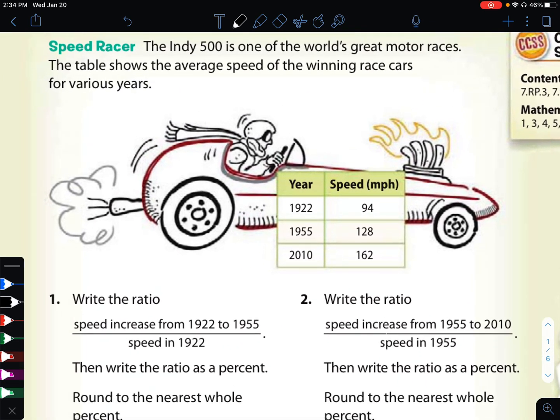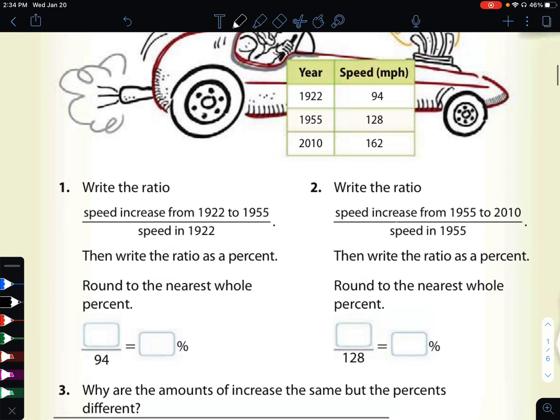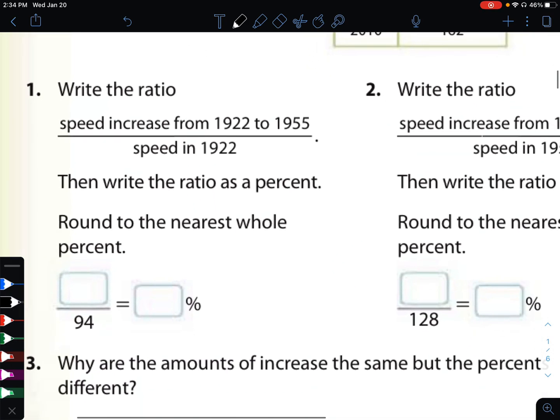The first thing we need to do to understand percent of change is write it as a ratio. If you write the speed increase from 1922 to 1955 over the speed in 1922, that is a ratio.